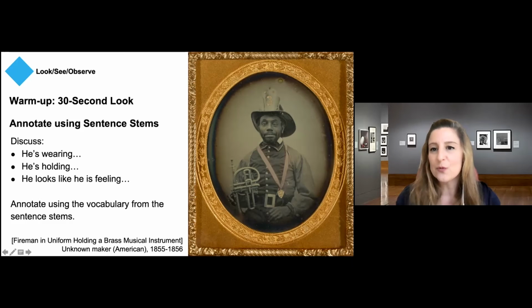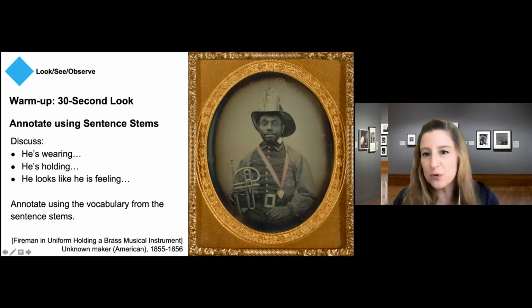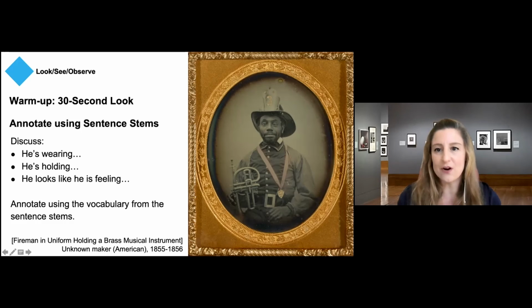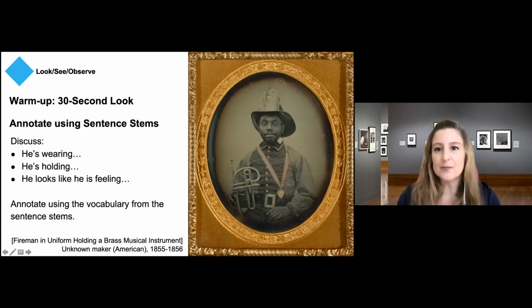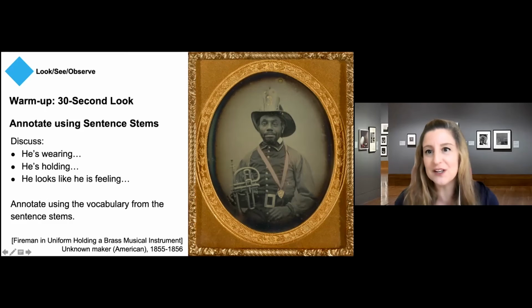So for he's wearing, you might look at his jacket and explore it a little bit. Notice that there are two tones to it. You might notice the very large line of buttons down the center. You might notice the collar. It looks somewhat formal, like a uniform. What else is he wearing? I'm sure students will notice the hat or the helmet very quickly, and may also notice that it has the number 3 on it.